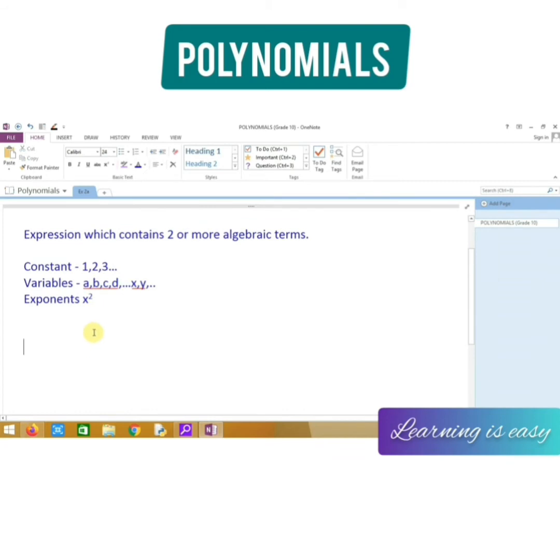Next, based on the degree of polynomials, they are categorized as constant polynomials, where the degree is 0, there is no exponent forms.